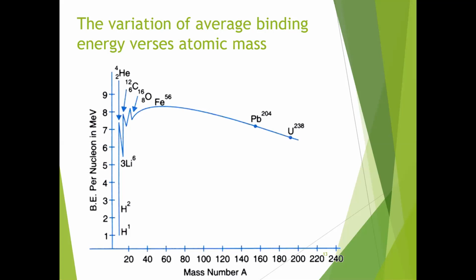If you take Pb, lead, we have Z equal to 82 and N equal to 126. So it is doubly magic: N is also a magic number, Z is also a magic number.